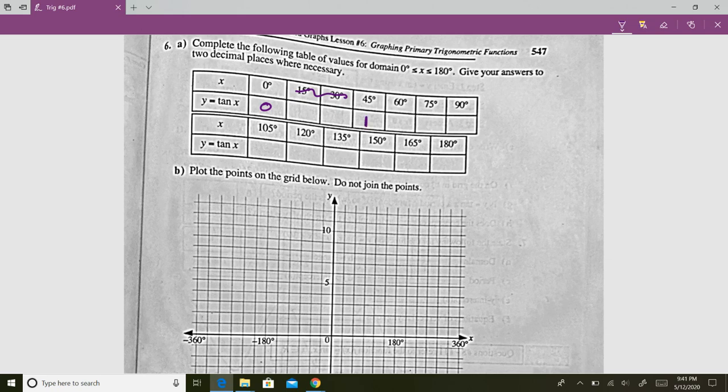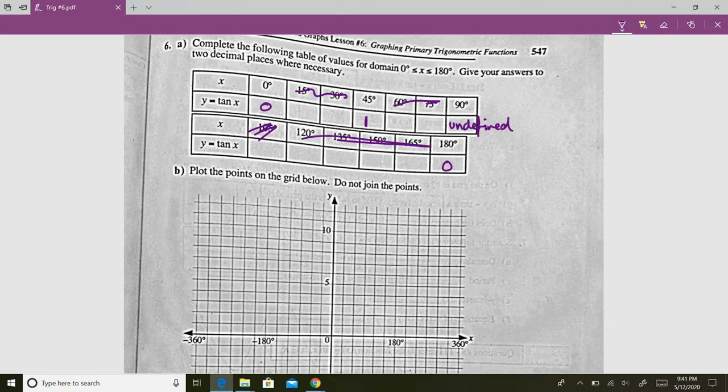You will get 1. Don't worry about those ones. Tan of 90, your calculator will say error, and it's because it is undefined at 90. Now again, forget about all these. Tan of 180, you're going to get 0.